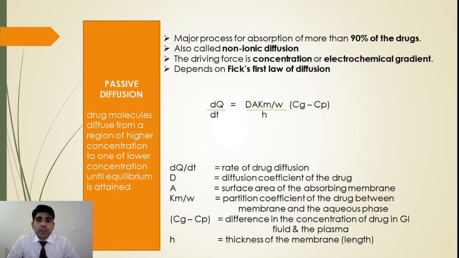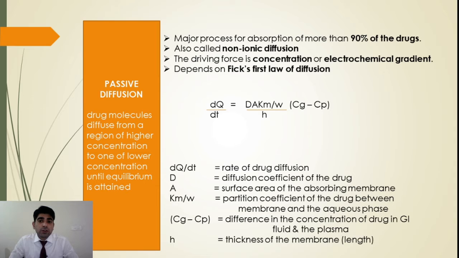It is also called non-ionic diffusion. The driving force in passive diffusion is the concentration gradient, or we can say electrochemical gradient. This driving force, the concentration gradient, is nothing but the difference in concentration. The passive diffusion also depends upon Fick's first law of diffusion.